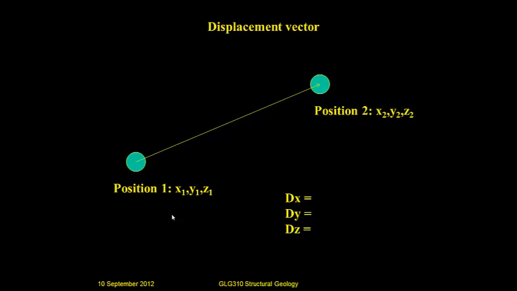So the displacement vector is then that motion between the two, and it would have the components dx, dy, and dz, and those are just the differences. So they would be x2 minus x1, y2 minus y1, and z2 minus z1, the components of the displacement vector in 3 dimensions. So you could use Pythagoras then to compute the displacement vector length between these two positions.